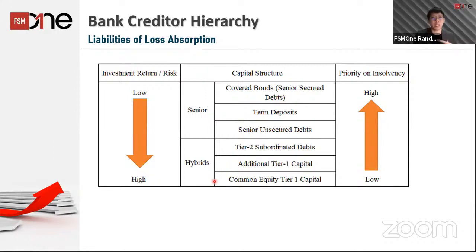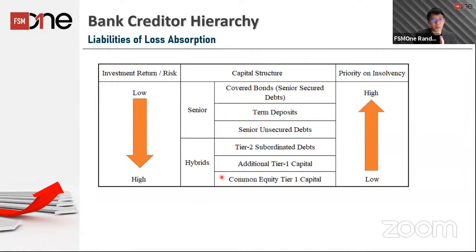In the event of any liquidation or losses, the CET1 capital will absorb the losses first, then whatever is left will be absorbed by the AT1 capital, and then whatever is left will still be absorbed by the T2 subordinated debt.